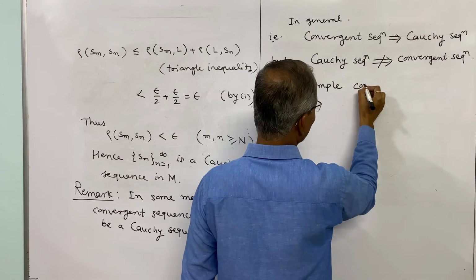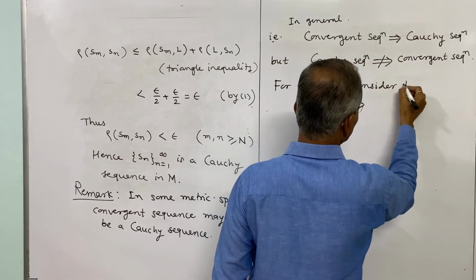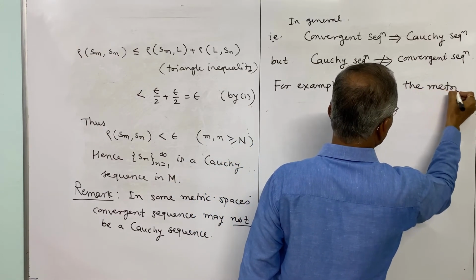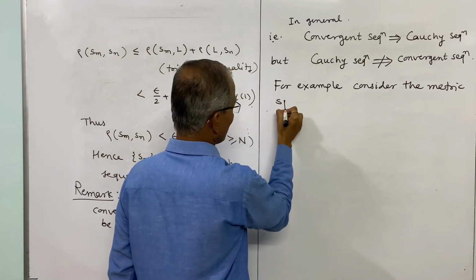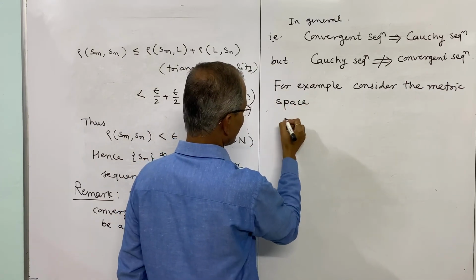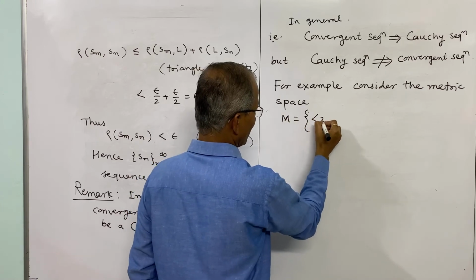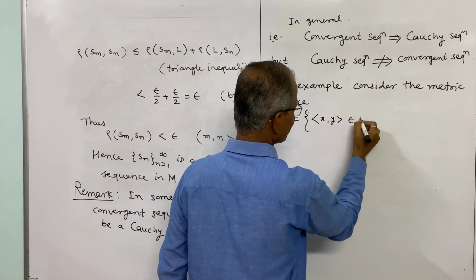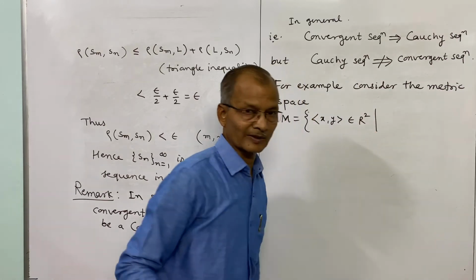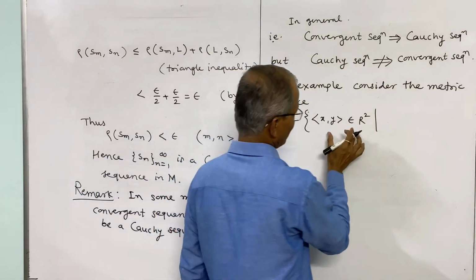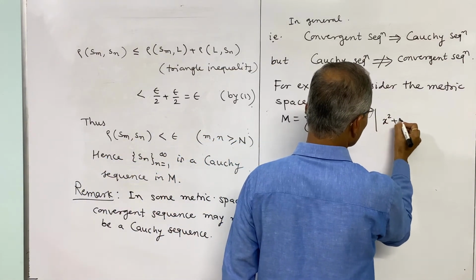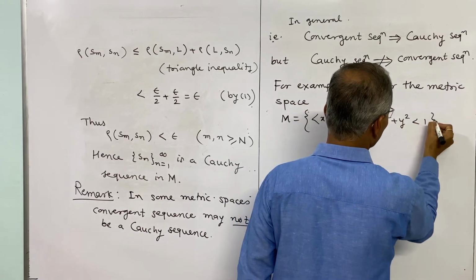consider the metric space M, the set of ordered pairs (x, y) belonging to R squared such that x squared plus y squared is strictly less than 1.